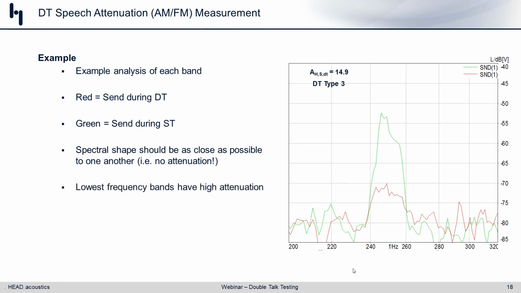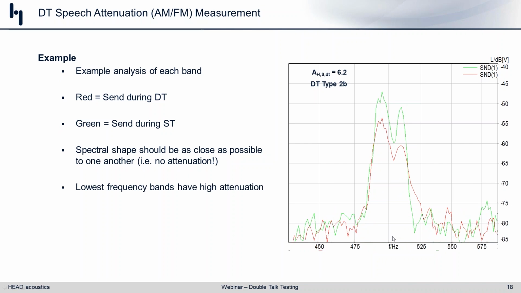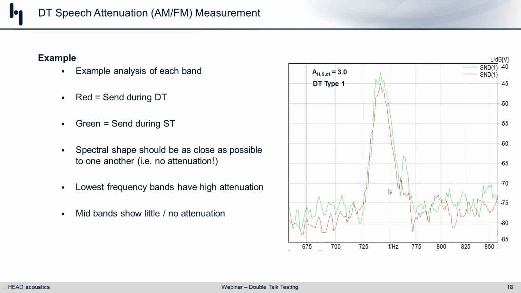Now, as we step through each of the frequency bands, you can see that our attenuation drops, meaning our categories go up. So now we're in a type 2B, bordering on a 2A. And now already at 750 hertz, give or take, we have about 3 dB of attenuation and basically what we would call a type 1.